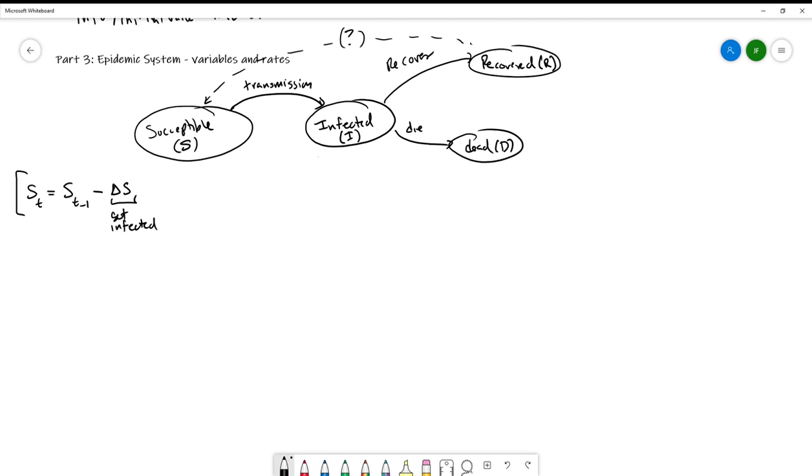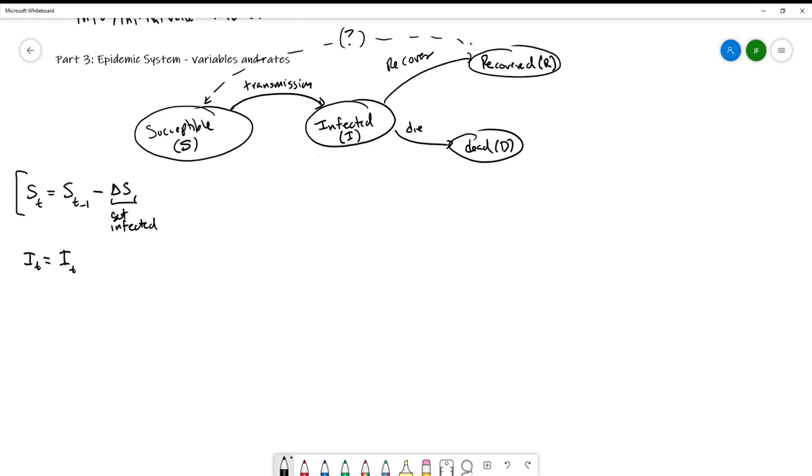But this means that there are 4 separate populations that we need to track and 3 different transition rates that occur in there. Susceptible people can become infected, infected people can recover, and infected people can die. So if we're going to build this set of fundamental equations that govern this, the infected people at time t is going to depend on the number of infected people at time t minus 1.